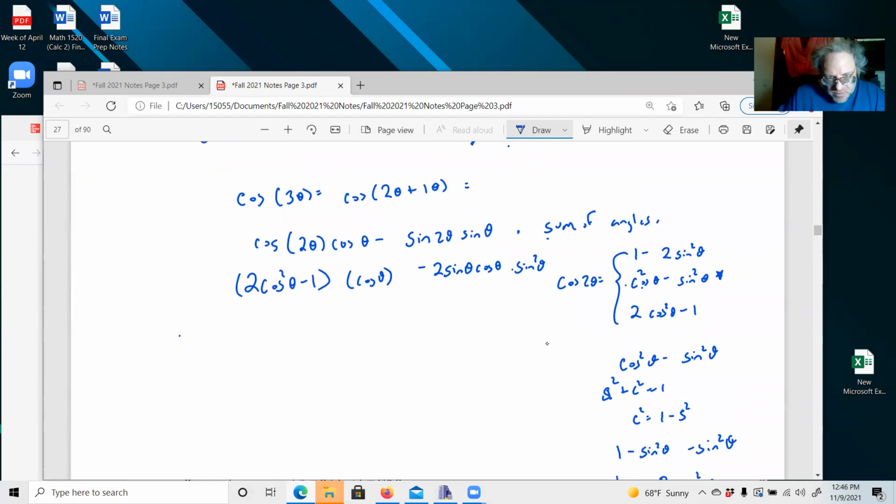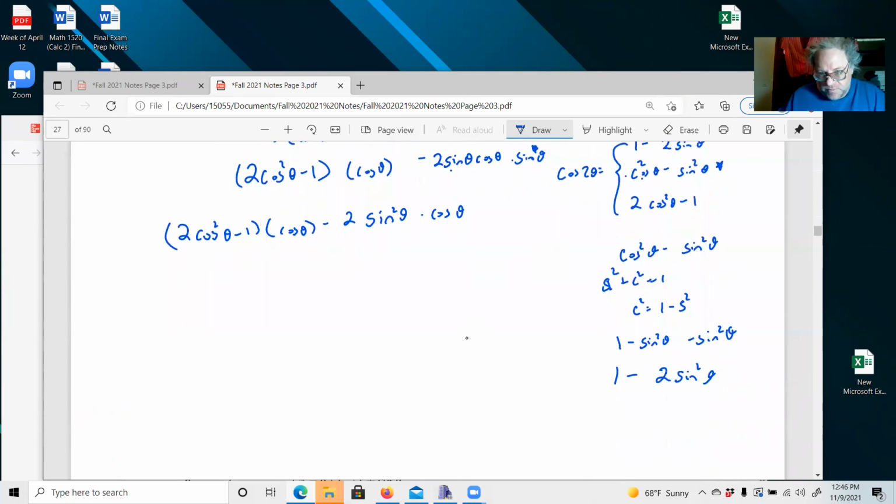So let's make ourselves some room here. We've got 2 cosine squared theta minus 1 times cosine theta minus twice, and we have, oops, that's not the sine theta, that's just this sine theta. So we've got 2 sine squared theta times cosine theta.